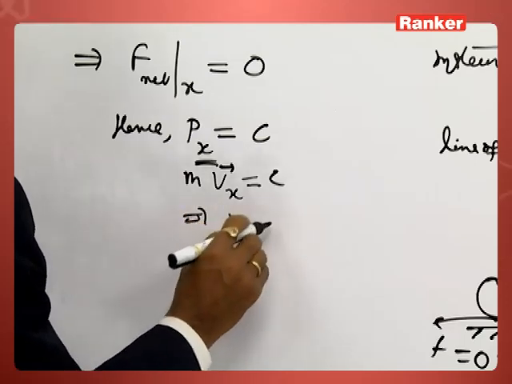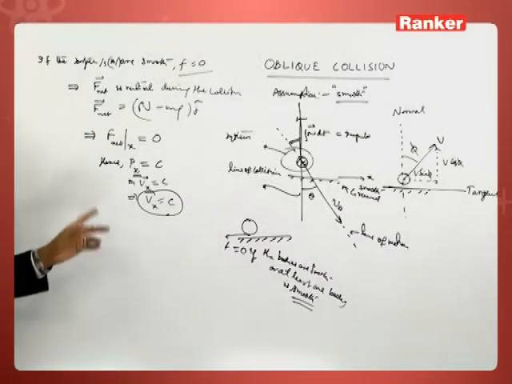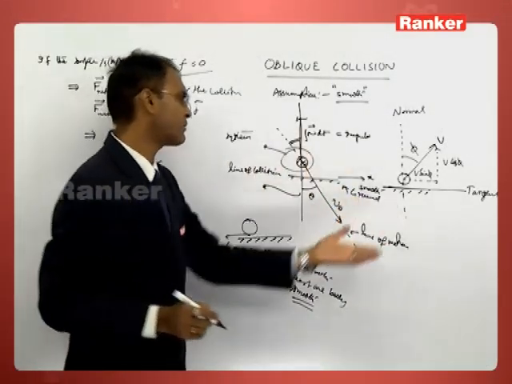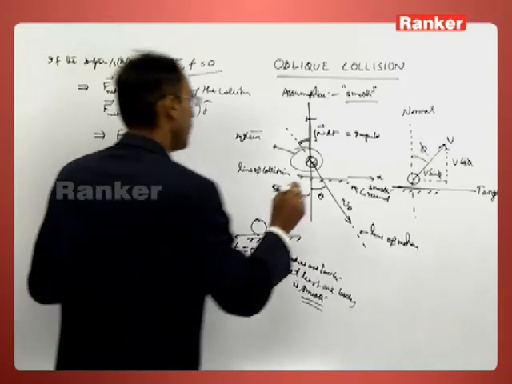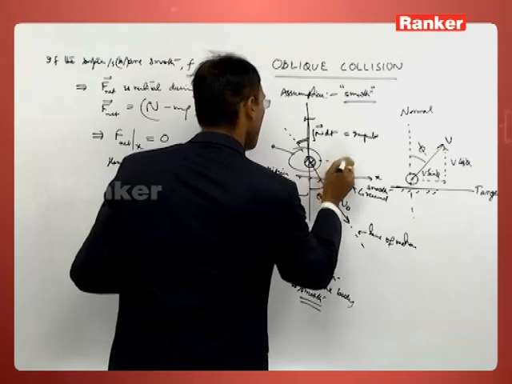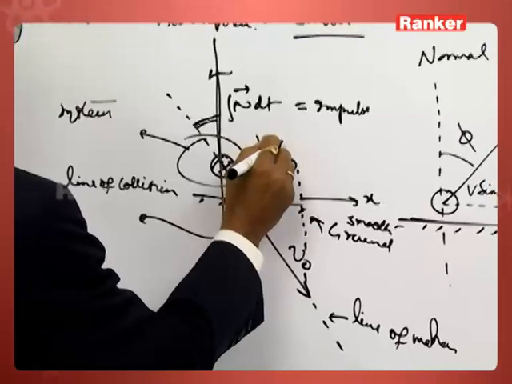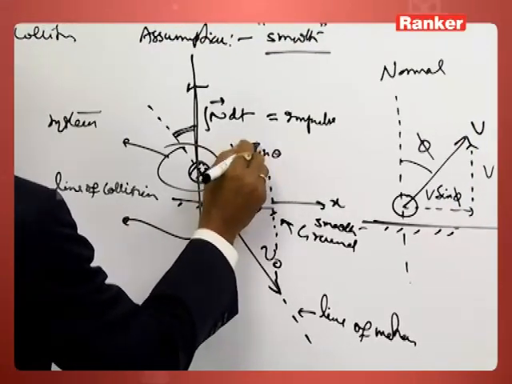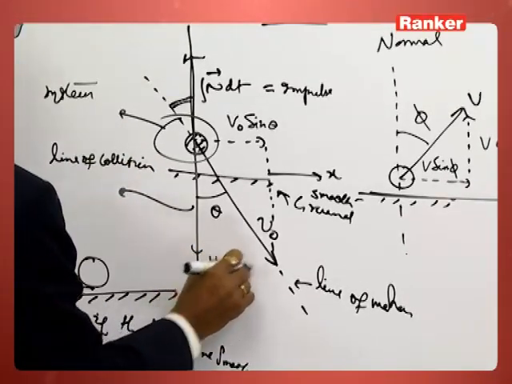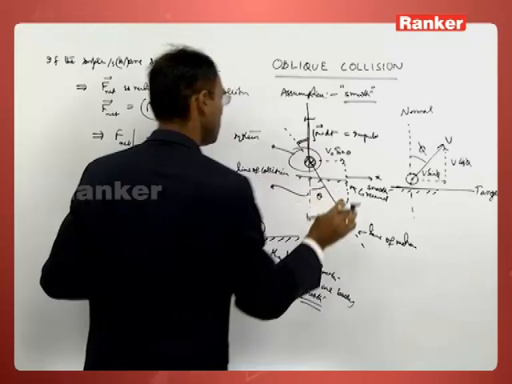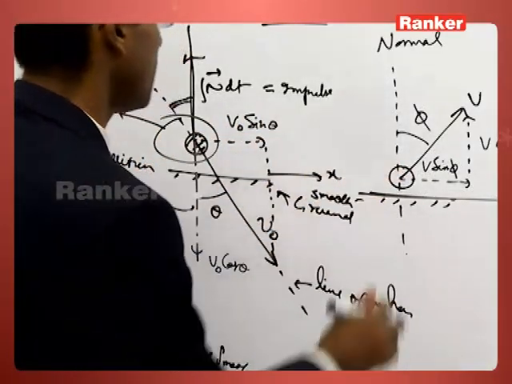Therefore, the x component of the velocity of the object should be equated just before and just after the collision, or is conserved. In this problem, what is the x component of the velocity just before the collision? V naught sin theta, and the y component, the vertical component, is V naught cos theta. These are the components of the velocity just before the collision.